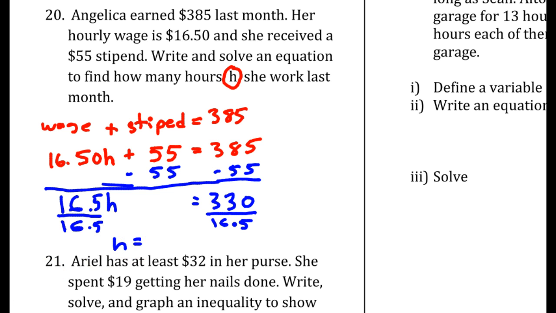H equals 20 hours. And definitely include units on your work. We could also write a conclusion sentence saying Angelica worked 20 hours last month.